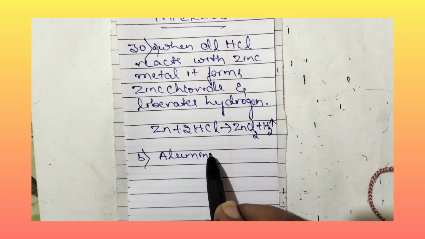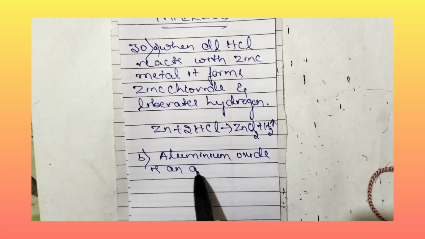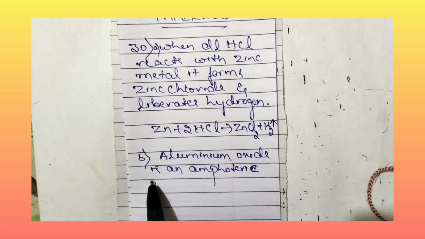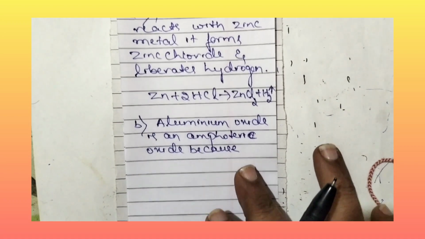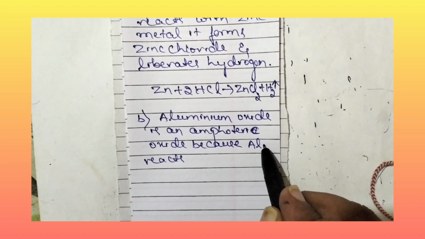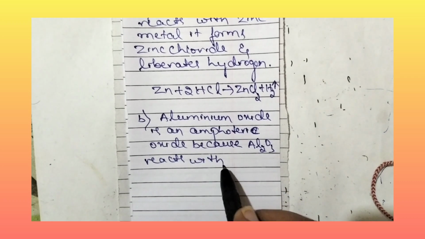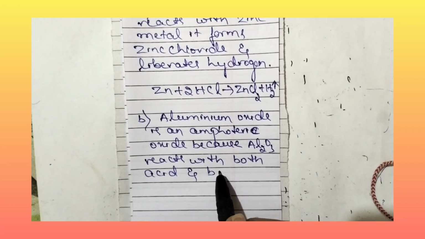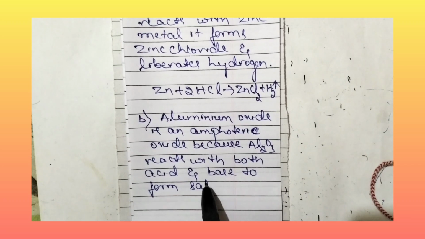Aluminium oxide is an amphoteric oxide because aluminium oxide reacts with both acid and base to form salt and water.